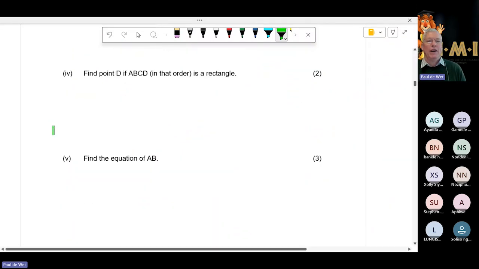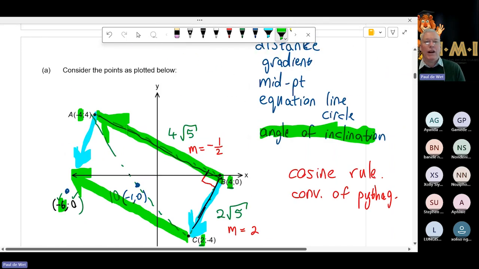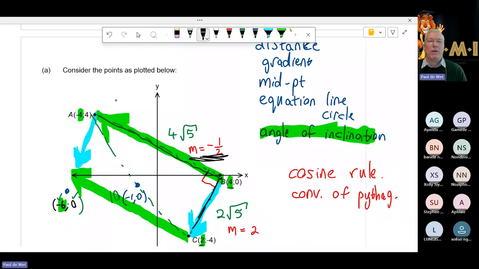Then it asks me to find the equation of line AB. Who can tell me how to do this? This should be quite straightforward because someone has already worked out for us the gradient of AB. What do we do now if we know the gradient?